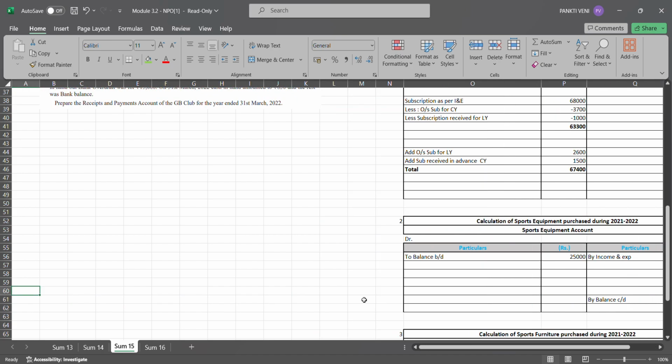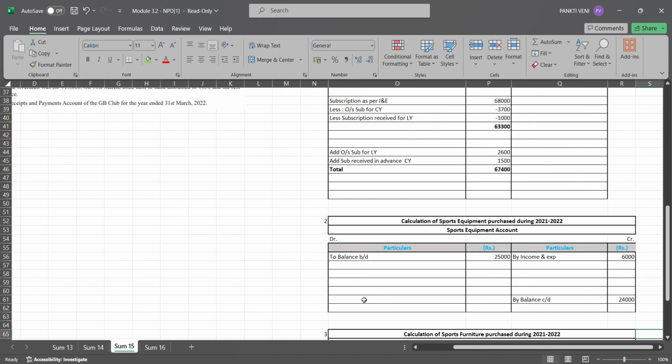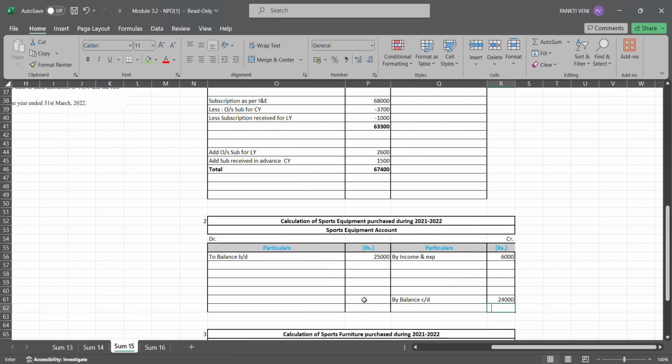Now 24,000 done, less depreciation. Now what next have they given? We are supposed to find out the balancing figure. We are done with the posting. Now we are supposed to find out the balancing figure. We'll get our answer. So if I go for the balancing figure, this is 30,000.